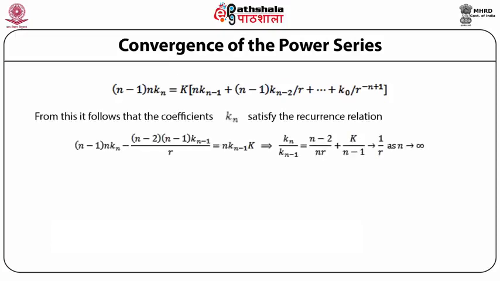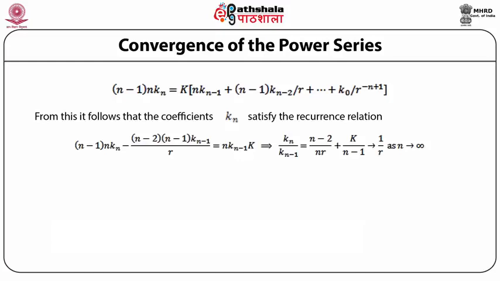From this, it follows that the coefficients k_n satisfy the recurrence relation (n minus 1) n k_n minus (n minus 2)(n minus 1) k_(n minus 1) divided by r is equal to n k_(n minus 1) times capital K. This implies small k_n divided by k_(n minus 1) is equal to (n minus 2) divided by nr plus capital K divided by (n minus 1), which tends to 1 by r as n tends to infinity.